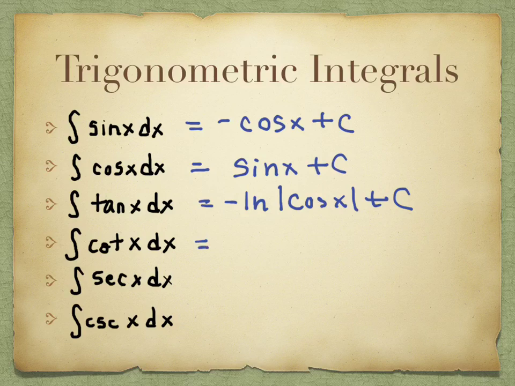As in most cases, if tangent looks like that, cotangent is going to look quite similar. It's going to be the opposite sign, so it's positive. Instead of cosine, what do you think it might be? It's sine. And then plus c.